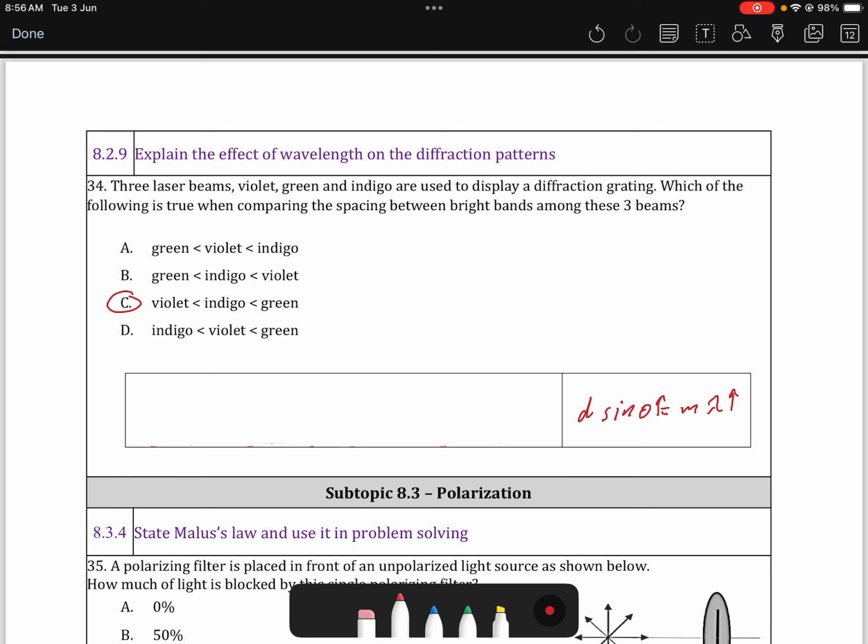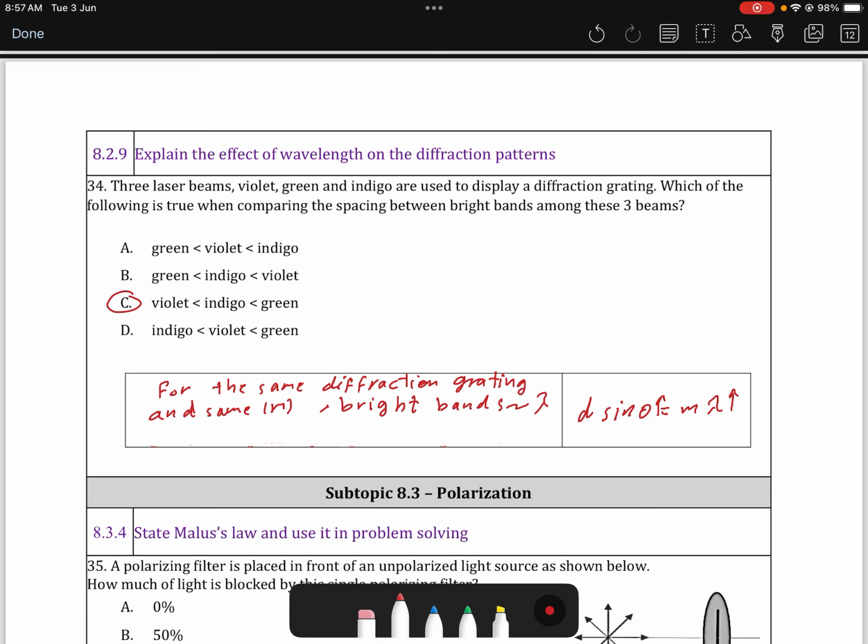If we want to write y for the same diffraction grating, and same m order, okay, the relation between the bright bands is directly proportional to lambda, the wavelength.